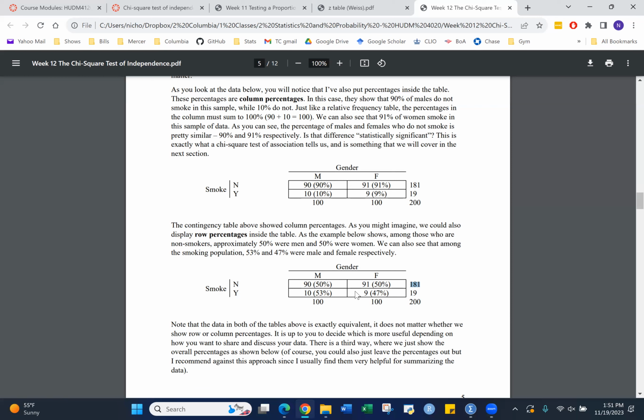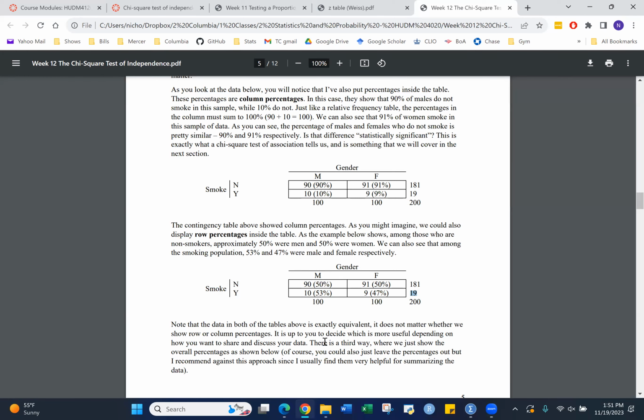So again, the reason it looks misleading is because of the small head count, because you're conditioning on being a smoker and there are only 19 smokers. So that small 1 person difference blows up to 6%. There's a book written by a guy named Huff, How to Lie with Statistics, and small head counts making rates look very different is one approach you will see people use to be dishonest.